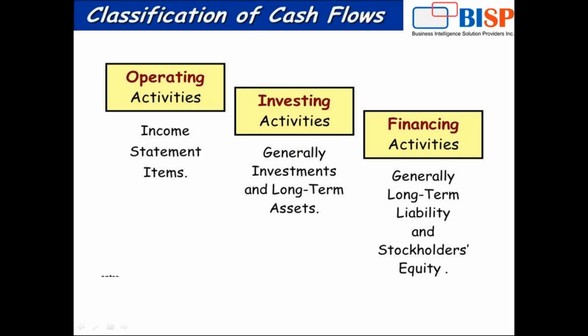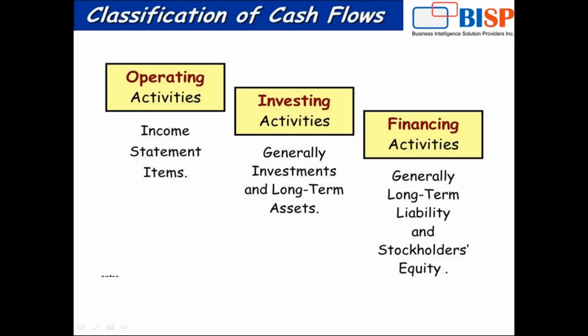The second part is investing activities: the selling or purchasing of your assets. Finally, you have financing activities: the debt which you pay or the money you receive from debt.